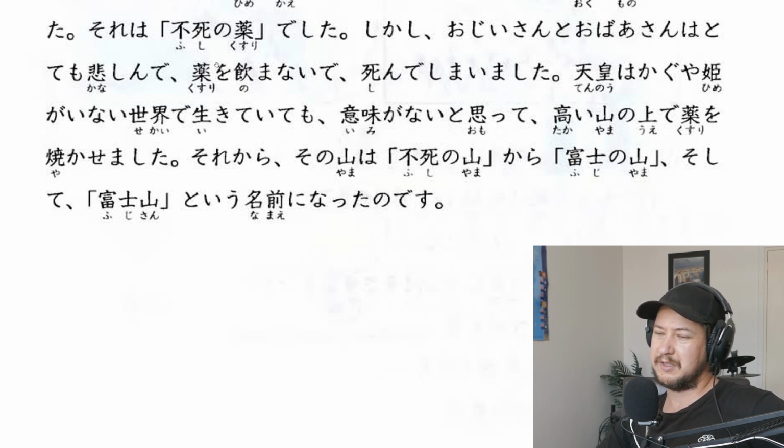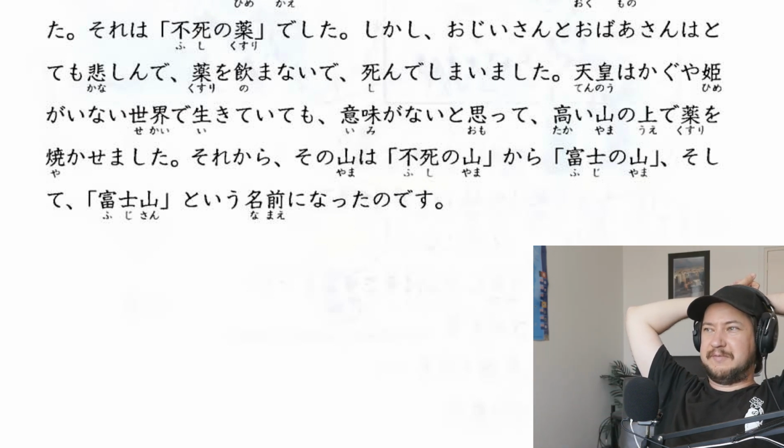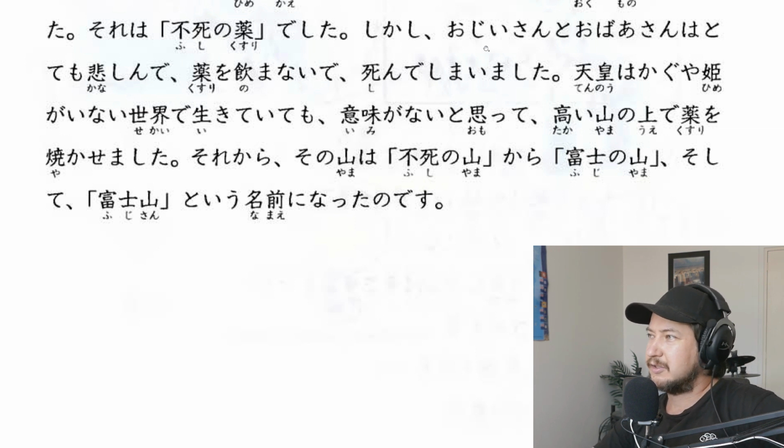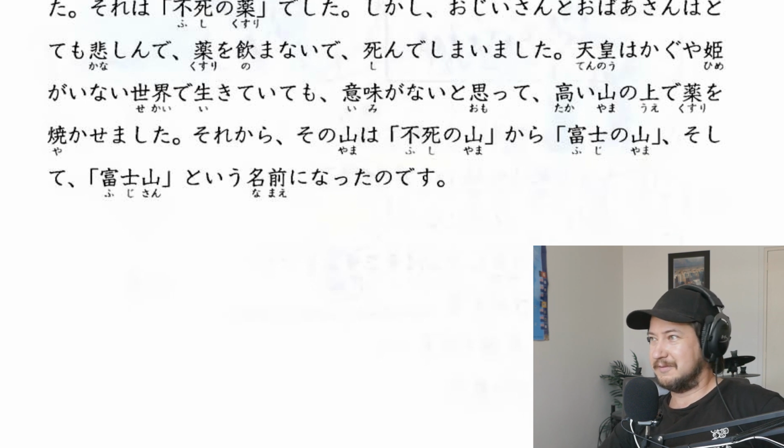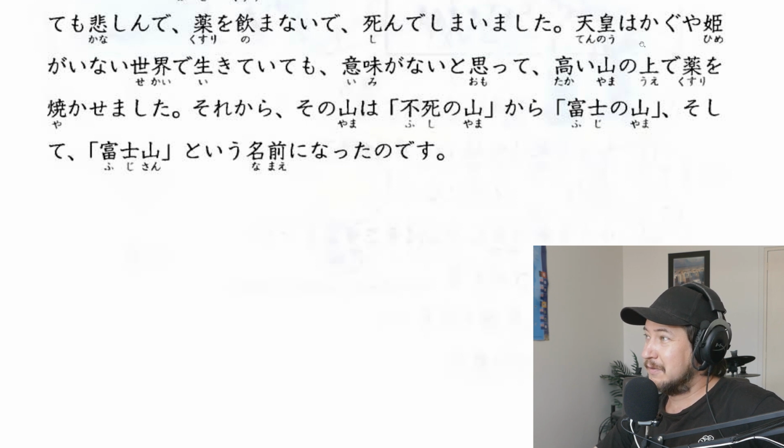So fushi no kusuri, some medicine against dying. しかし、おじいさんとおばあさんはとても悲しんで薬を飲まないで死んでしまいました。But the old man and old woman were very sad and they didn't want to take this medicine, and they died. Surprise, surprise.